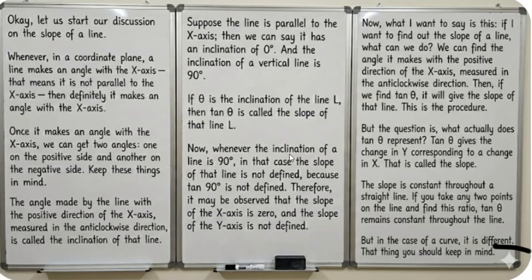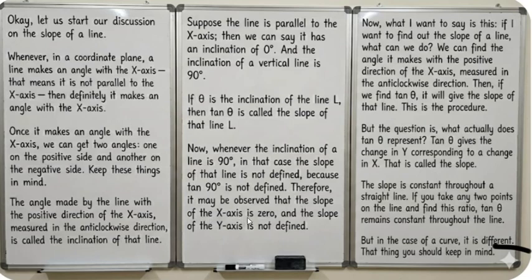Now, if the inclination of the line is 90 degrees, in that case the slope of the line is not defined. Why? Because tan of 90 degrees is not defined. Once tan of 90 degrees is not defined, you cannot find the rate of change. Therefore, whenever the inclination of the line is 90 degrees, tan theta is not defined, meaning the slope itself is not defined.